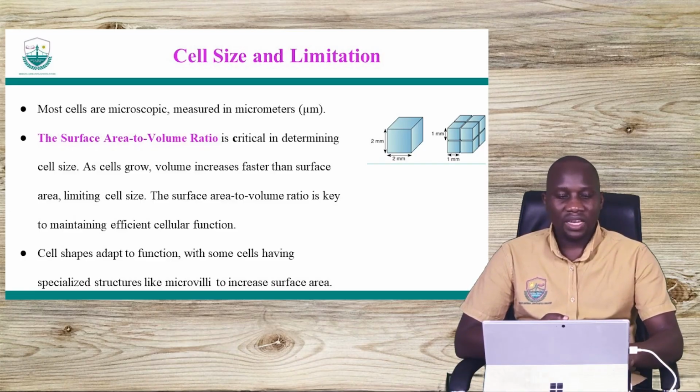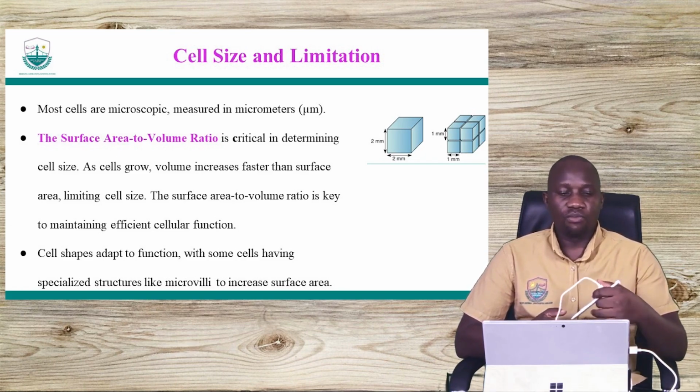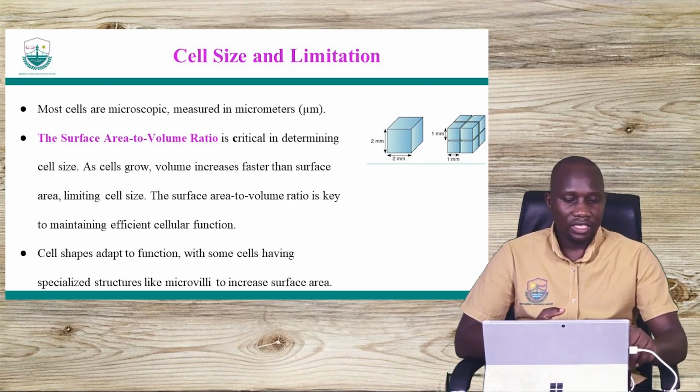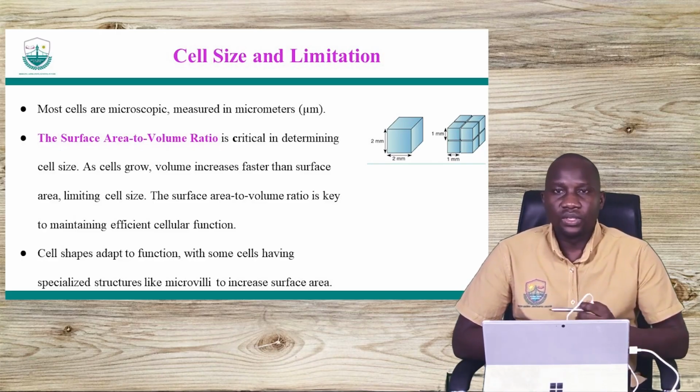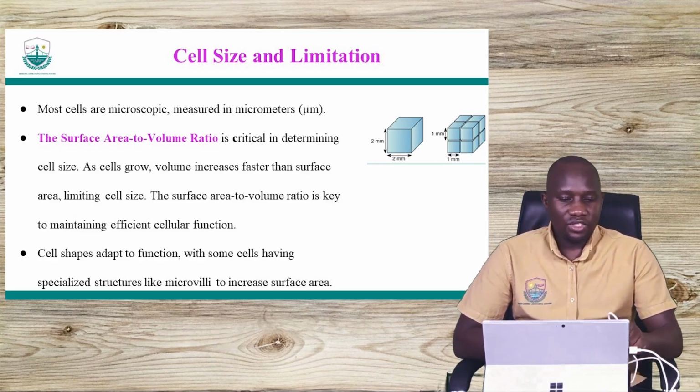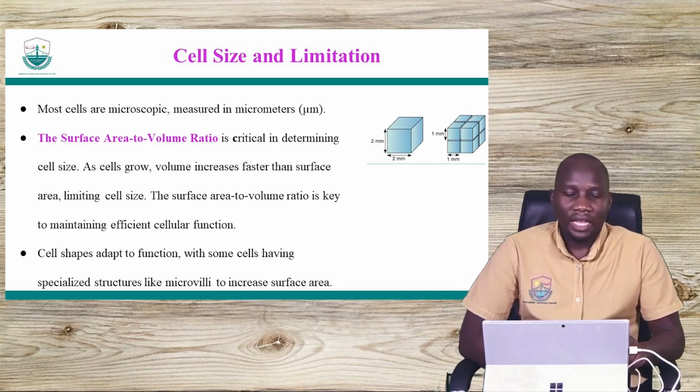So you get the surface area to volume ratio for A, and then you get the surface area to volume ratio of B. Here the tubes are 8. Here we have 1 tube. Definitely, if you do the calculations right, you realize that the smaller tubes have a larger surface area to volume ratio.